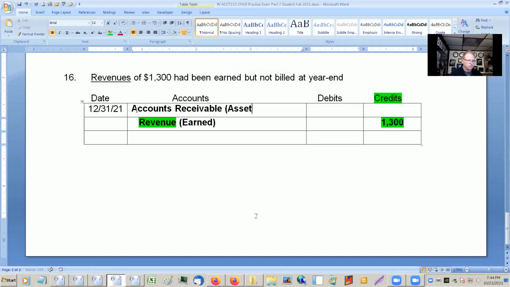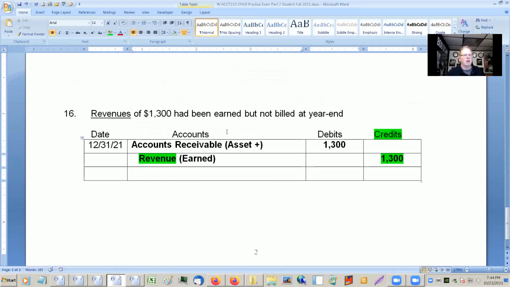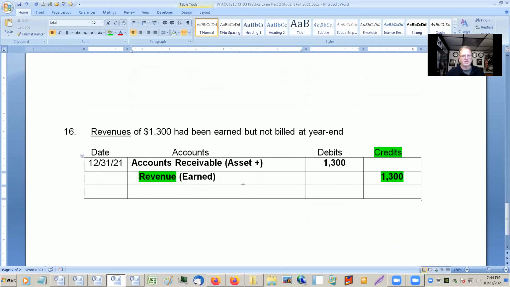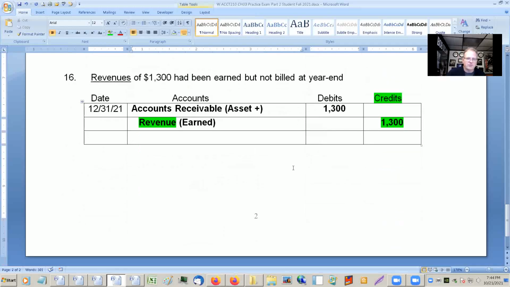It's an asset and it's going up. People owe us money and they're going to pay us in cash. That's why we count it as an asset. So it's going to be 1,300. And that's that. That's it.